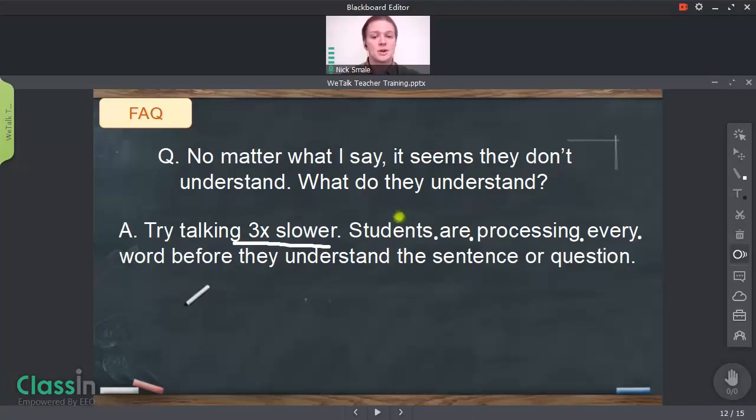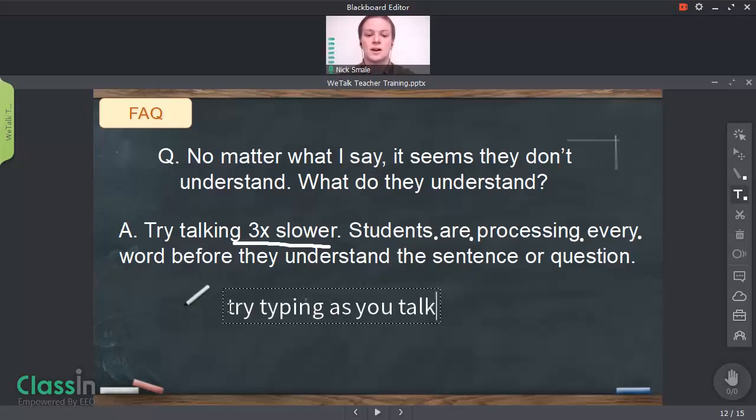If I say it more naturally, students are processing every word before they understand the sentence or question. Notice how much that slows you down. At the same time, you can try typing as you talk. If you notice, the typing speed will slow you down again because nobody types quite as fast as they can talk.